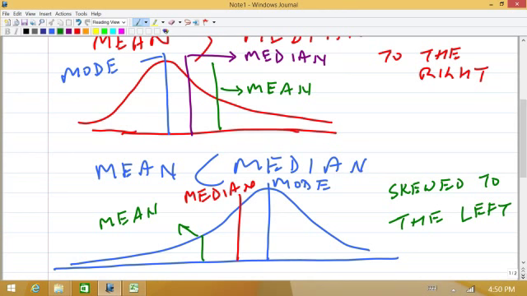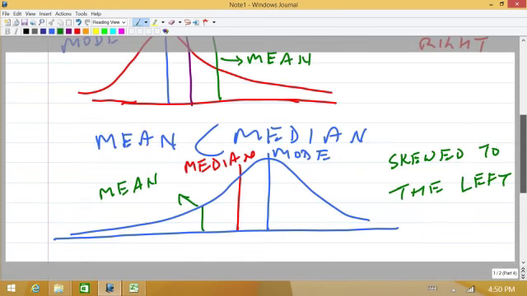So that's one way of looking at it. The mode is always the highest point. We need to find out if mean exceeds median or mean is lower than median. With that, the next thing we're going to talk about would be the quartiles.